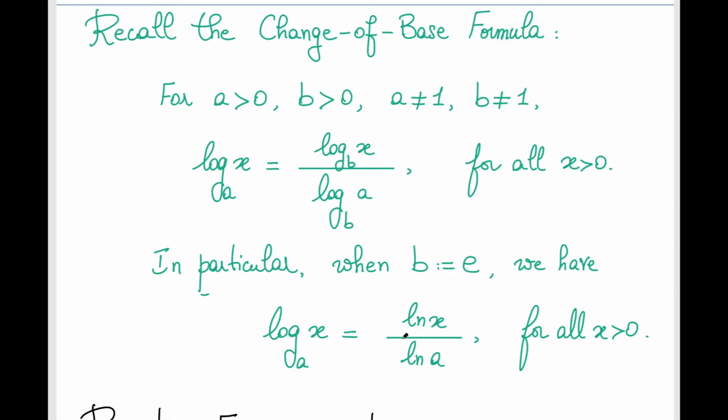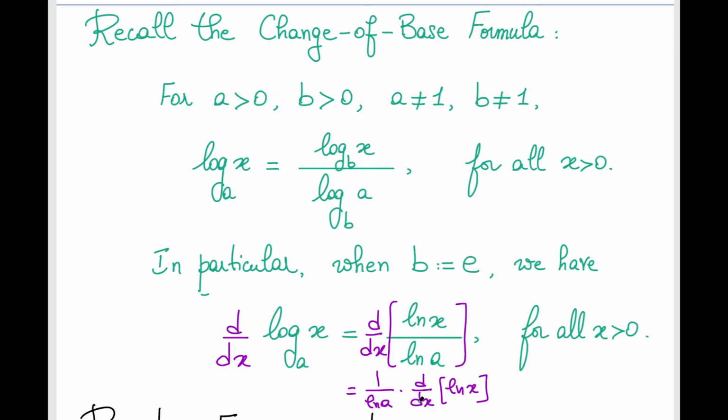And if you differentiate this guy with respect to x, for any x positive, what do we get? ln of a is a pure constant. A is a constant, it's not the variable. So you can push that 1 over ln of a outside, times the derivative with respect to x of ln x.